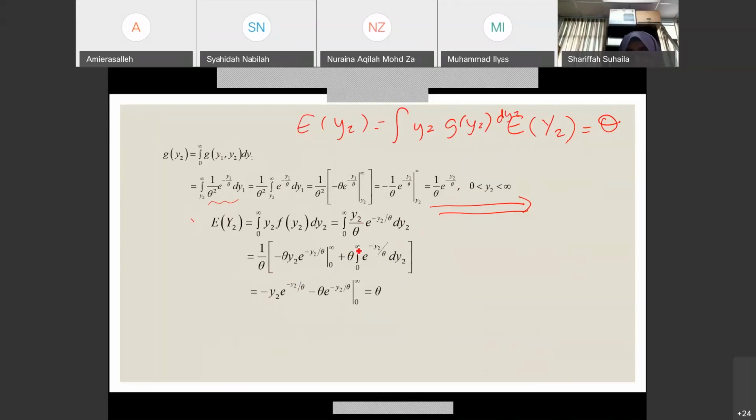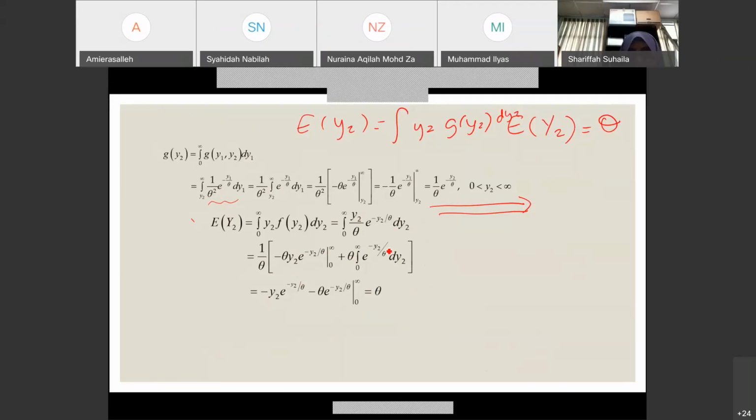Okay, you need integration by parts. Maksudnya, you need to be expert in integration by parts for exponential distribution because this kind of distribution memang always kita tanya, always kita guna. So that's mean kita selesaikan. Negative theta, ambil u apa? That's mean kamu ada u equals to y2, dv kamu ada exponential negative y2 over theta. So dapatkan du, dapatkan dv.